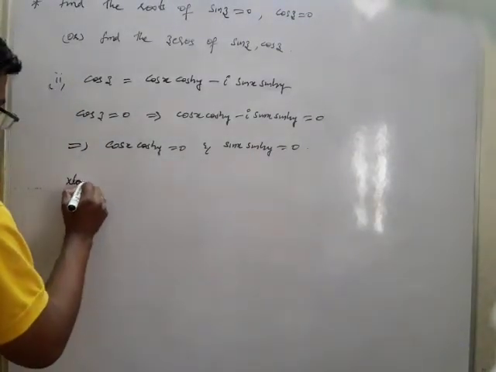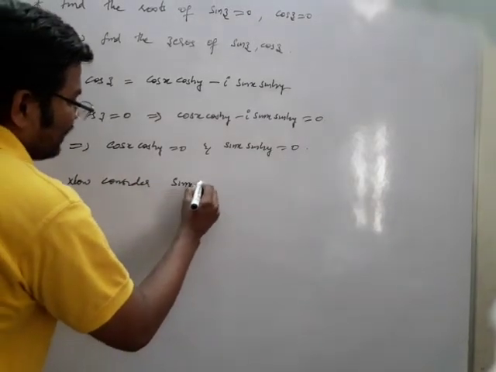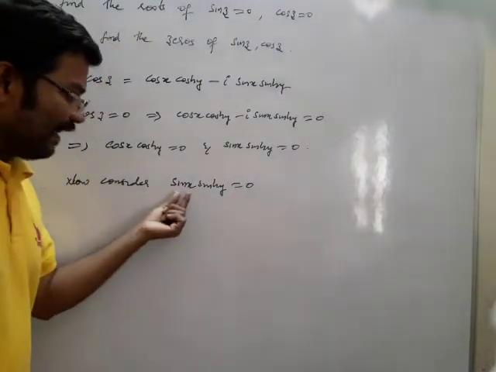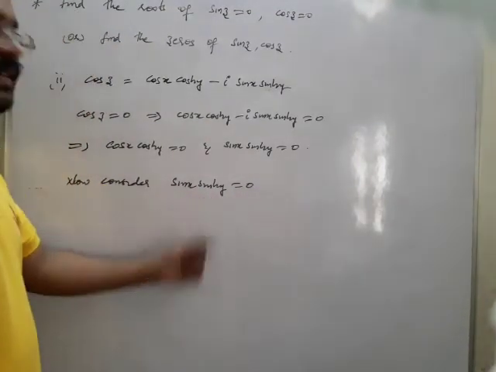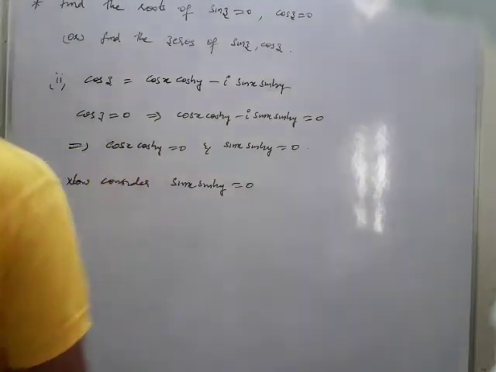Now consider sin x sinh y equal to 0. So sin x sinh y may not be equal to 0, so sin x is equal to 0.